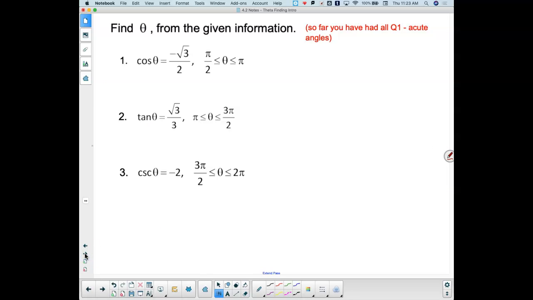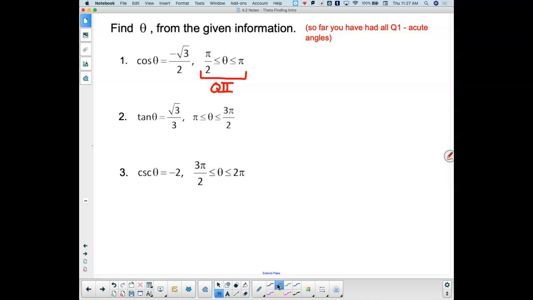Try those 3. All right, so which quadrant am I looking in for this one? 2.